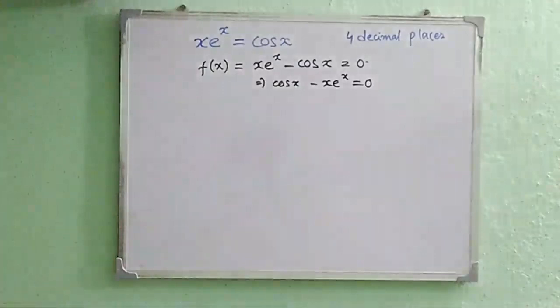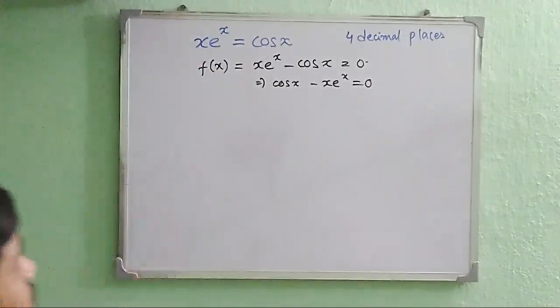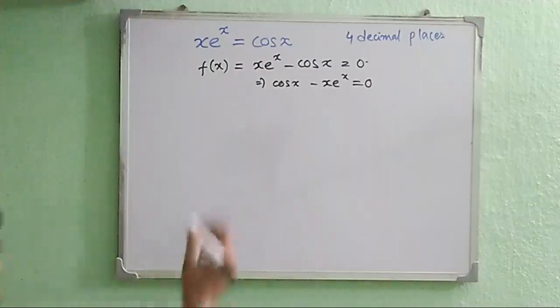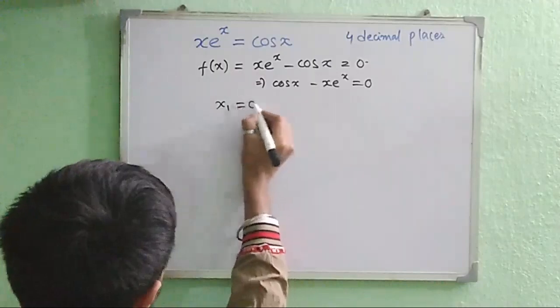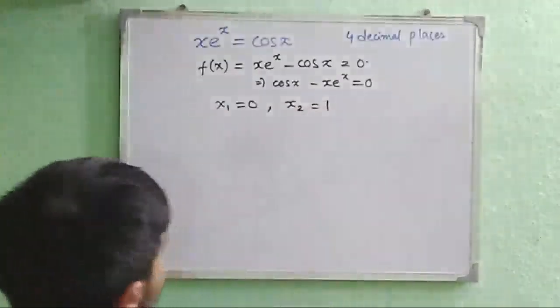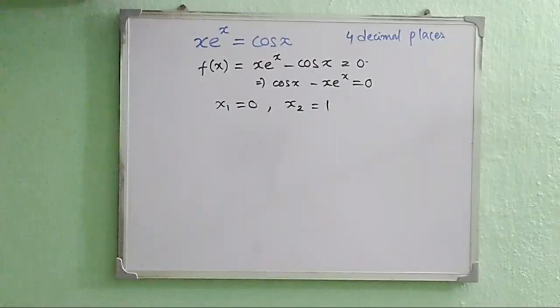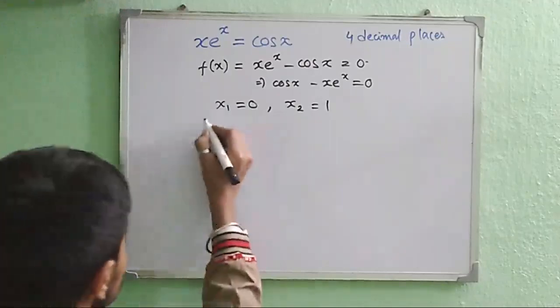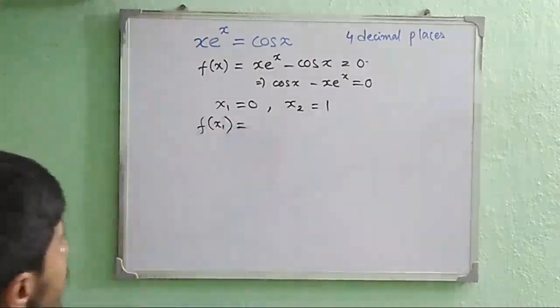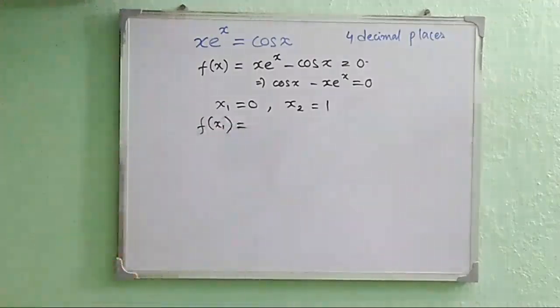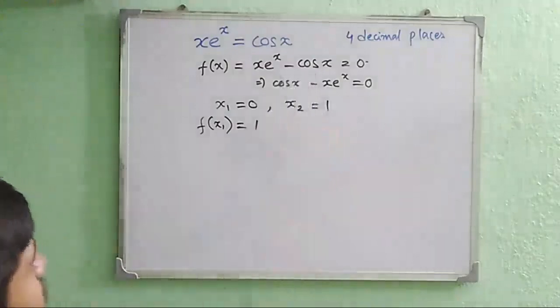Now the initial approximations, that is the initial values of x that we will assume, are x1 equals 0 and x2 equals 1. Putting x1 and x2 in the function, we get their corresponding f(x) values. f of x1 will be 0 e to the power 0 minus cos 0, that will be 1, because cos 0 is 1.